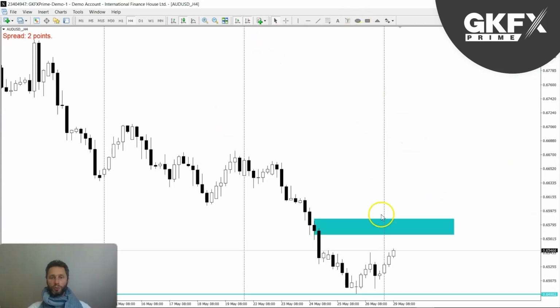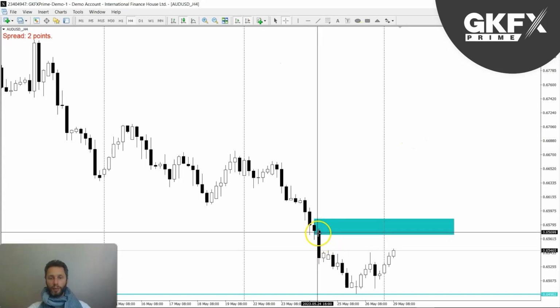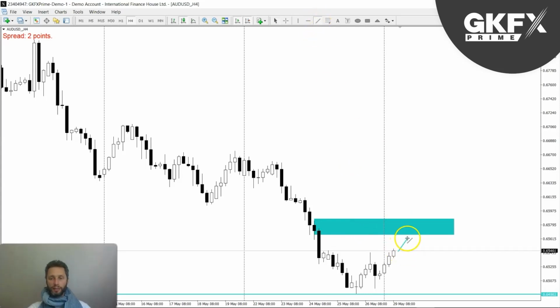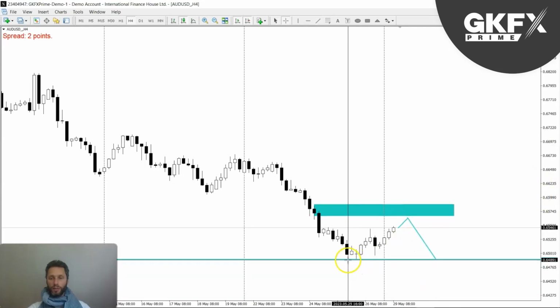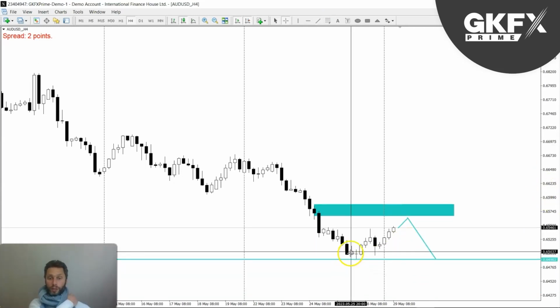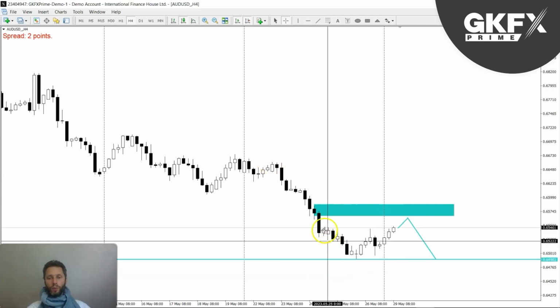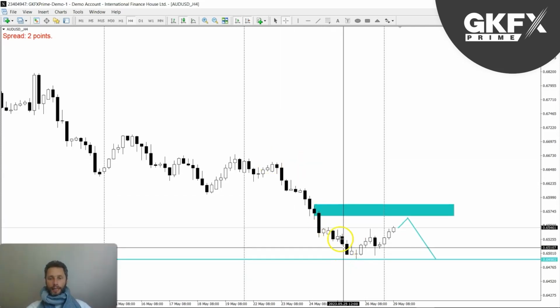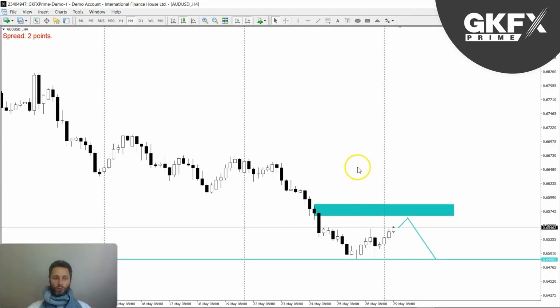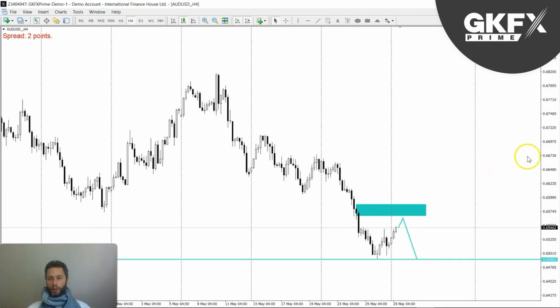So we have a possible gap here in the market, and then we have the little retracement phase here. So what I'll be expecting is a little further pullback and then continuation to the downside to go into last week's low. Now we are selling at a fairly low price, so a cheap price, so be aware of that.